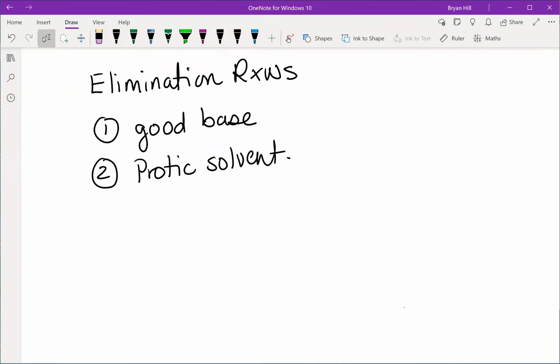So for elimination reactions, I'll do a little handout for what's a good base, because we know what a good base is, and we know what a good nucleophile is based upon our acid-base chemistry before. So if you've got an alkoxide here, these are ideal for E2 elimination reactions because you can just put them in the corresponding solvent which matches.